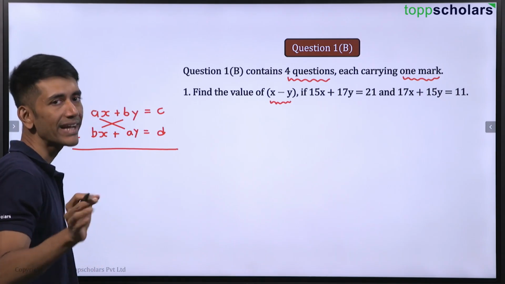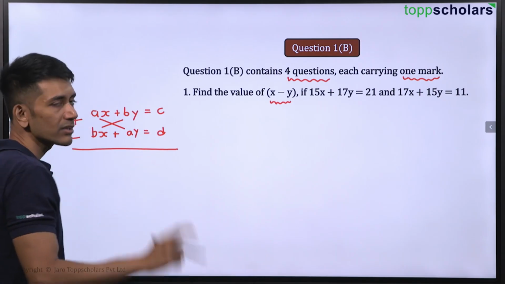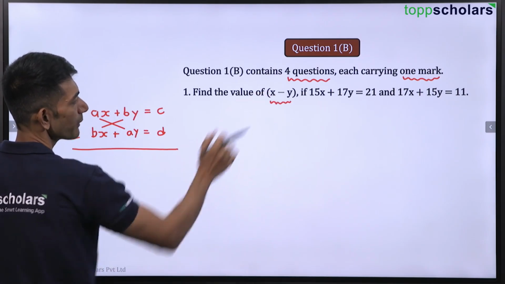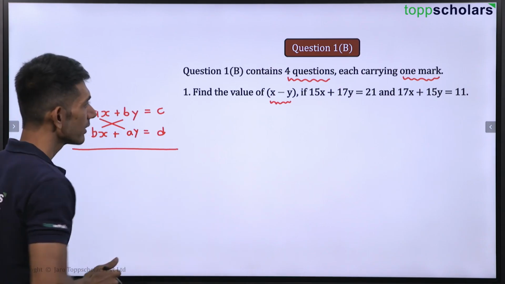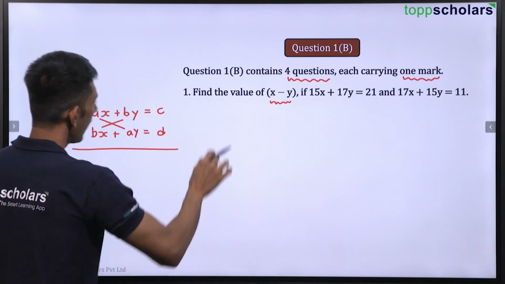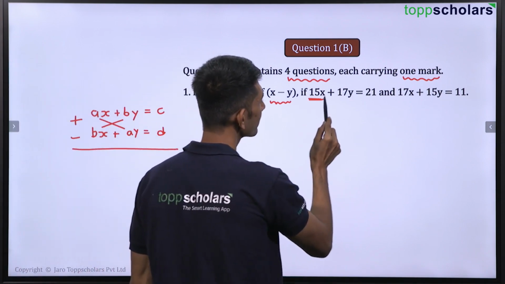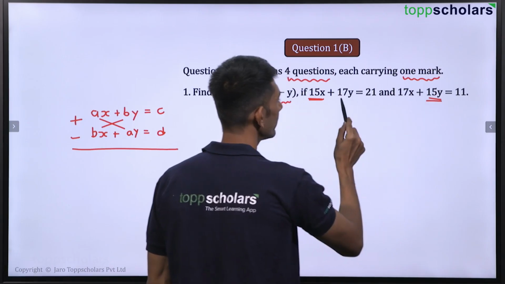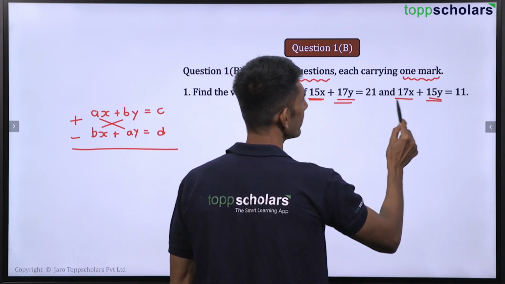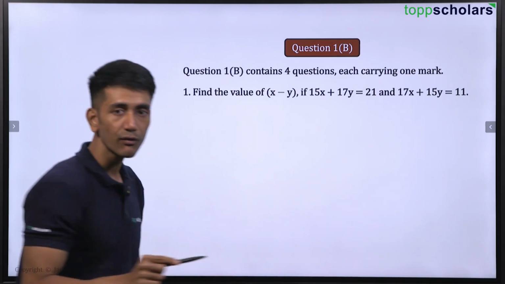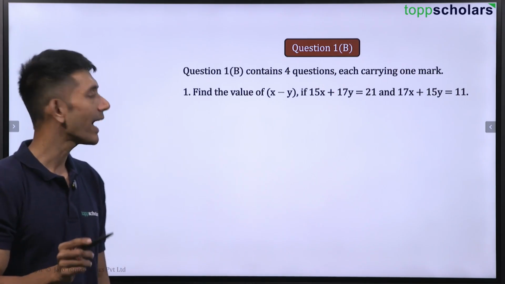Sometimes you have to do only addition or sometimes only subtraction depending on the question. Here we have x minus y, so we will just subtract. Understand. How did I identify the format? If you see, 15 is with x, here 15 is with y. Here 17 is with y, here 17 is with x. So whenever you have this format, then only you need to add or subtract.